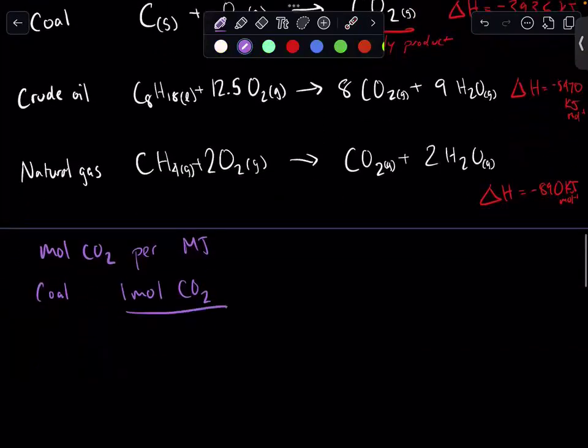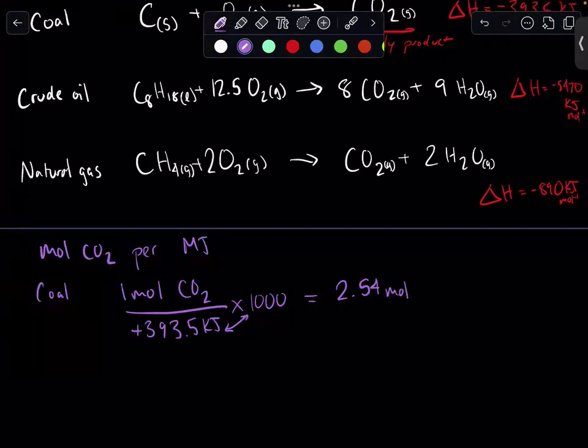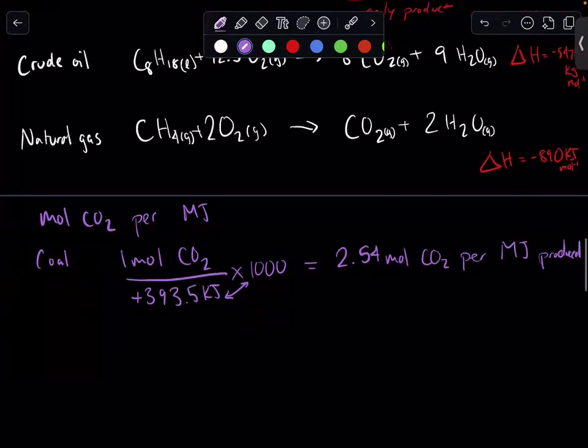And if we divide that by our energy, and I'm going to use absolute values, 393.5 kilojoules, and multiply the whole thing by 1,000 to convert kilojoules to megajoules, I find that I make 2.54 moles of CO2 per megajoule produced. So to produce 1 megajoule of energy, I'm going to make 2.5 moles of carbon dioxide.